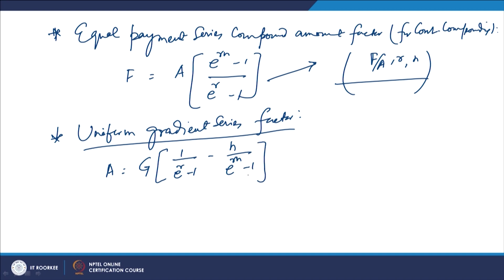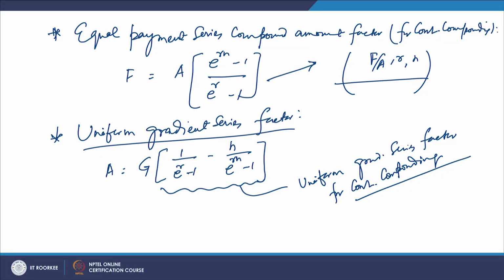You can see the value of 1 plus i in those cases and replace it. What we see there is 1 by i minus n by (1 plus i) to the power n minus 1. That way it becomes 1 by e raised to the power r minus 1. So basically this factor will be the uniform gradient series factor for continuous compounding.